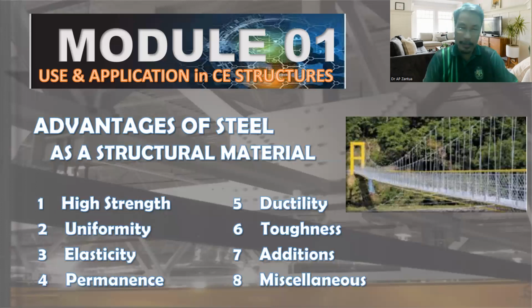Positive and negative elasticity meaning, if you compress and if you stretch, the characteristic of steel is almost given by a single formula.